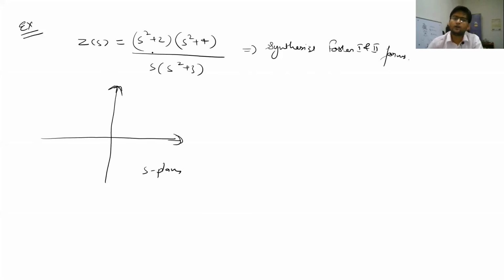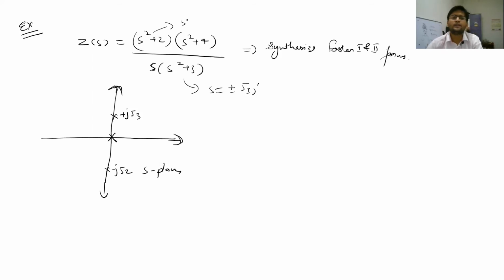So if you draw, what are the poles? The first pole is s equal to 0, since there is an s here. So the first pole will be lying here. And where will the second pole be? s is equal to plus minus j under root 3. So you are going to have plus j root 3 and minus j under root 3. Now coming to the zeros, where will our first zero be?